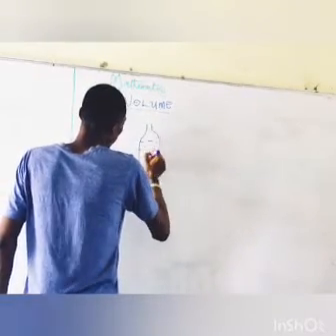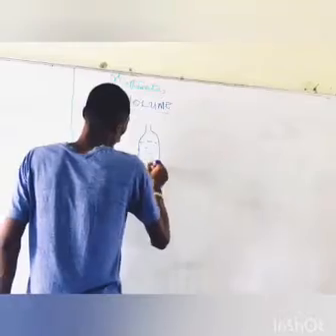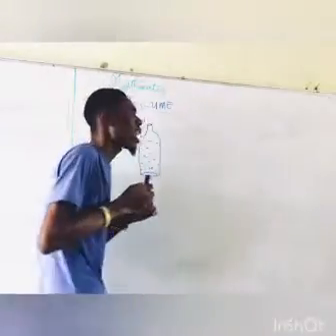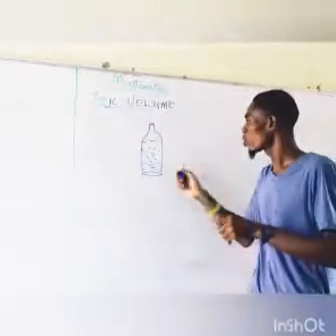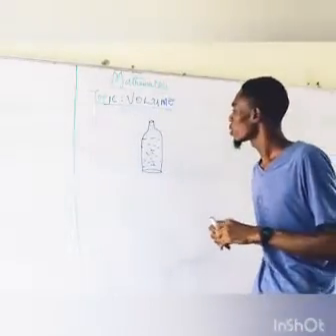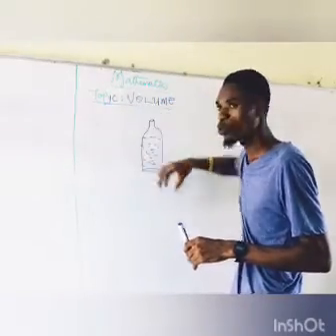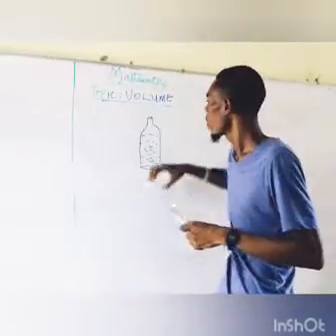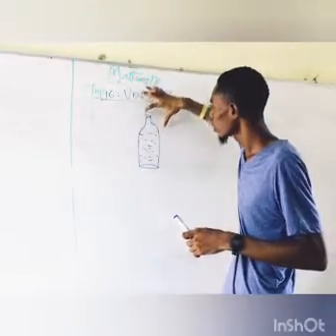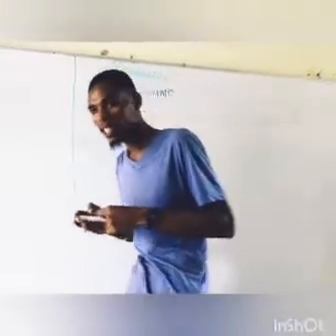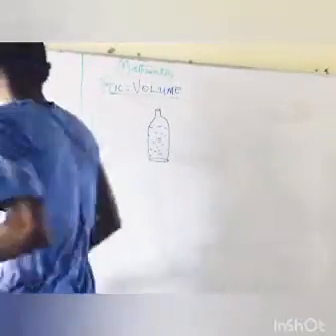Let's assume there are contents inside this bottle. Now, someone might ask, what is the volume of this bottle? The volume of this bottle is simply the amount of space this bottle can accommodate. Yeah? The amount of space this shape or this container has. That is what is described as volume.